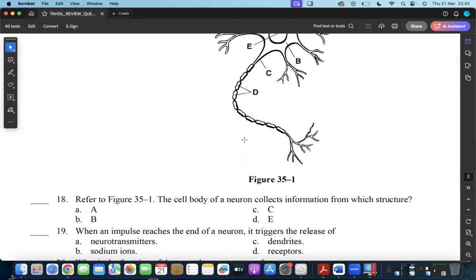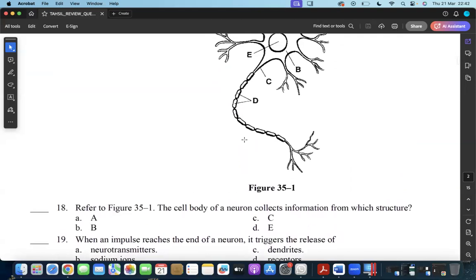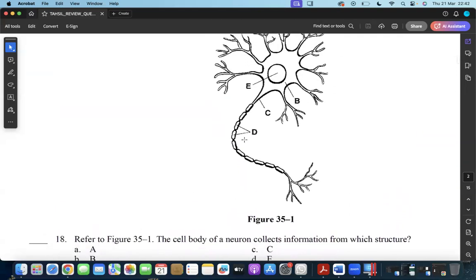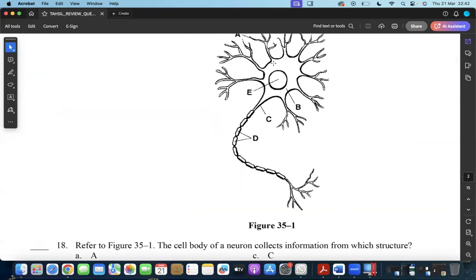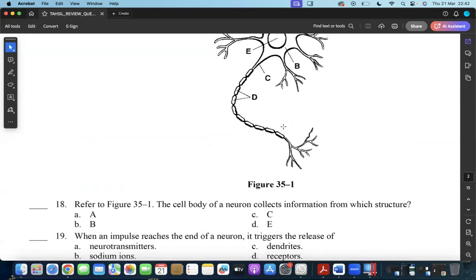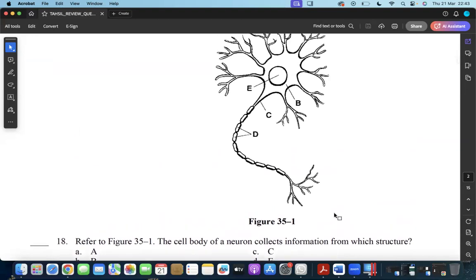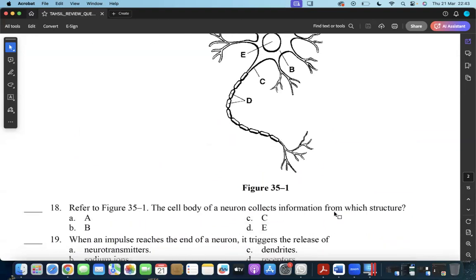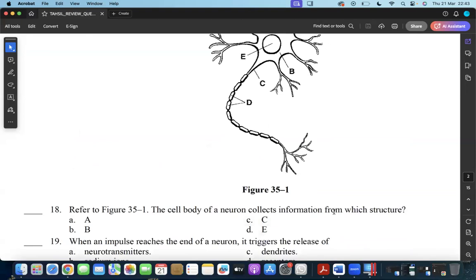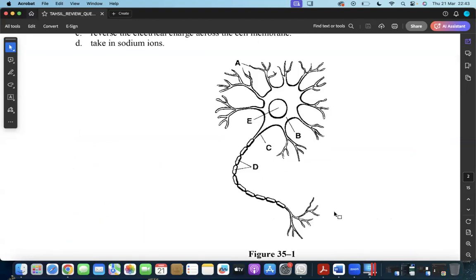Question number 18 is going to be with figure 35.1. This is a picture that depicts the nerve cell. Refer to figure 35.1, the cell body of a neuron collects information from which of the structures? 18 is saying it could not be A. Answer could not be E, because this is the nucleus.